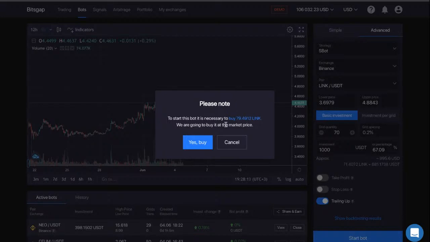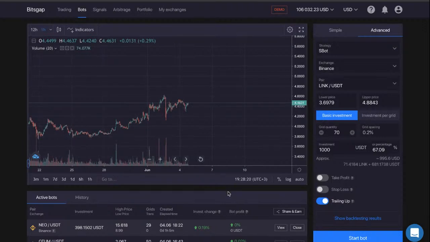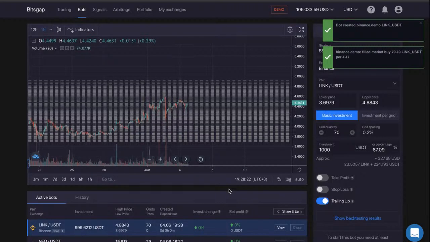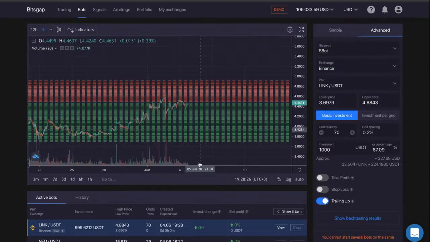And if I don't have it on my balance, as you already noticed, it will buy it at the market price. So I click on yes, please buy it at the market price, because I don't want to waste my time. I want to go straight into action. So here we go.